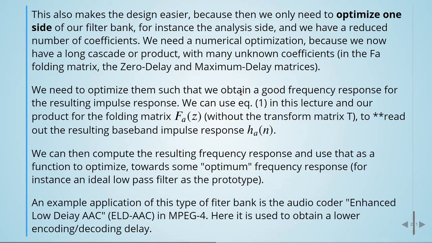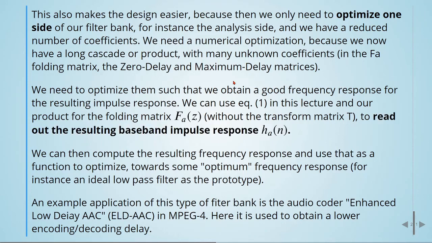We can use equation 1 in this lecture and our product for the folding matrix FA without the transform matrix T to read out the resulting baseband impulse response HA of N. We can then compute the resulting frequency response and use that as a function to optimize towards some optimum frequency response, for instance an ideal low-pass filter as the prototype. An example application of this type of filter bank is the audio coder enhanced low delay AAC in MPEG 4, and here it is used to obtain a lower encoding and decoding delay.